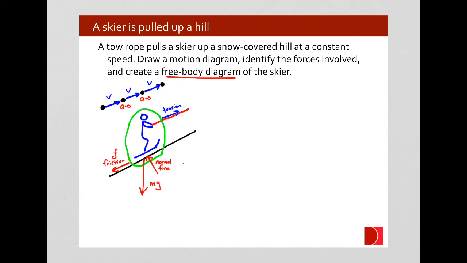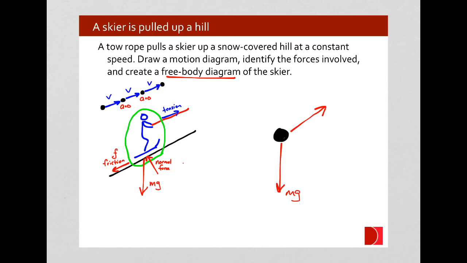Now the last part, to find the free body diagram, we use a point to represent our object. In this case, it's a skier. We want to look at all the forces that are acting on our skier. We have mg acting directly downward.